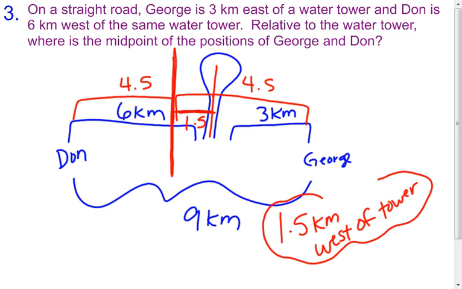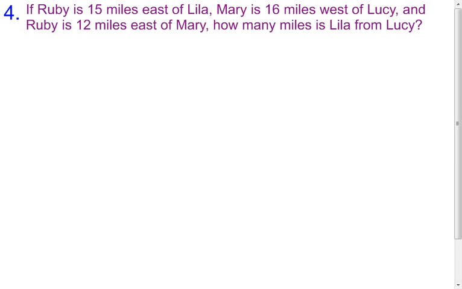All right. And the last one. We have Ruby, who is 15 miles east of Lila. So I am going to make Lila right here. And then Ruby, who is 15 miles east of Lila, I am going to put right here, and this is 15 miles.